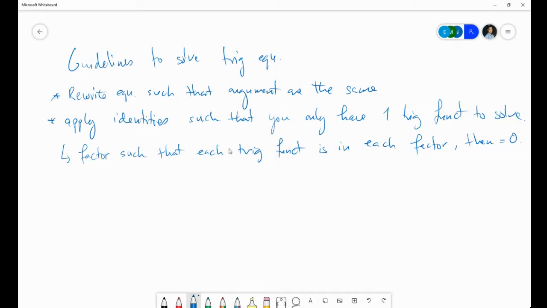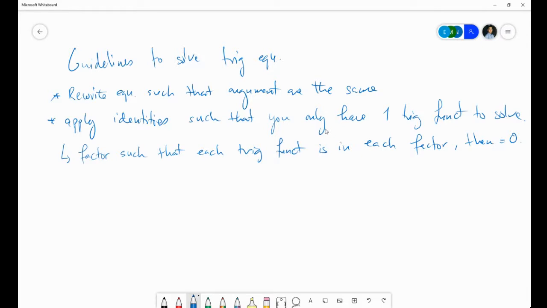The reason is that if I have multiple trig functions, it's going to be very difficult to solve for x, because I have to apply the inverse function to get rid of that trig function. So anytime you have two different trig functions, you need to see the relationship between them and then apply the identities in order to solve.